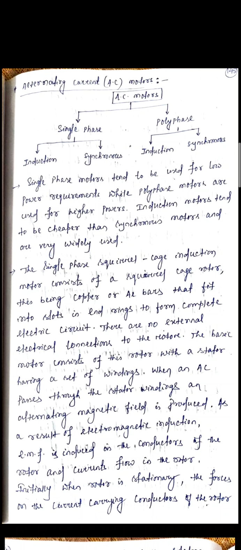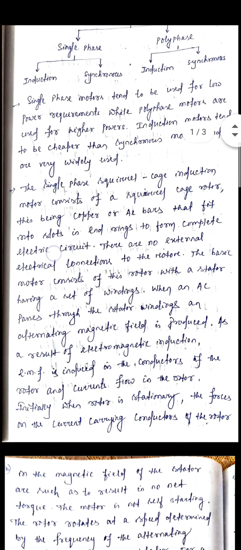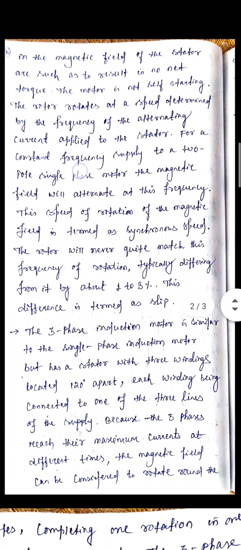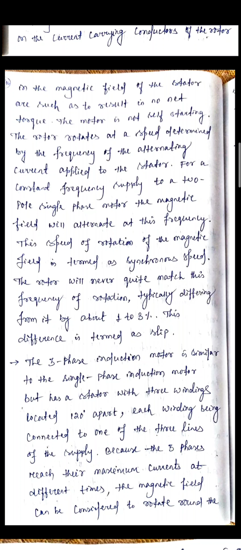Initially, when the rotor is at rest or stationary, the forces on the current carrying conductors of the rotor in the magnetic field of the starter are such as to result in no net torque. The motor is not self-starting. The rotor rotates at a speed that is determined by the frequency of the alternating current applied to the starter.